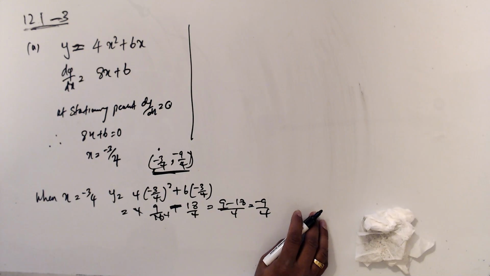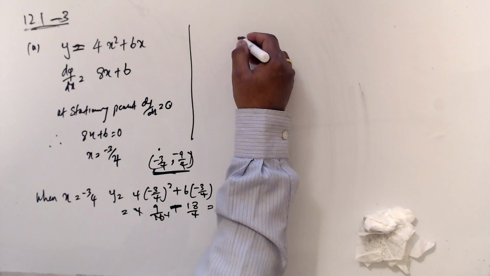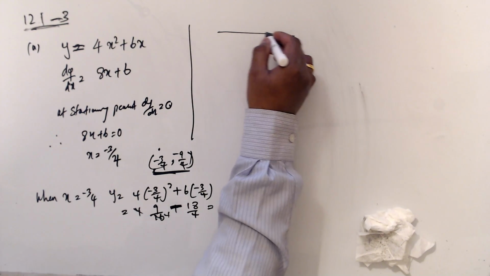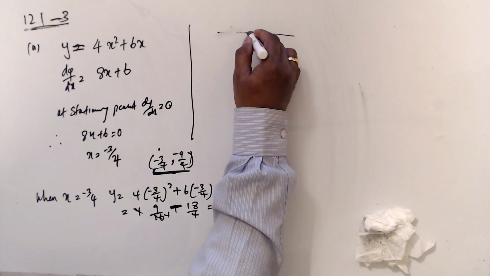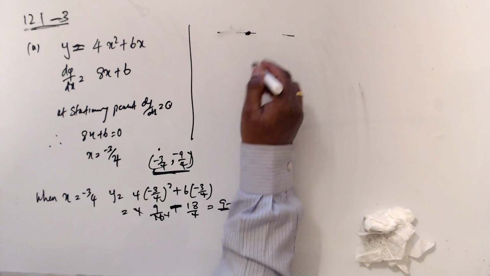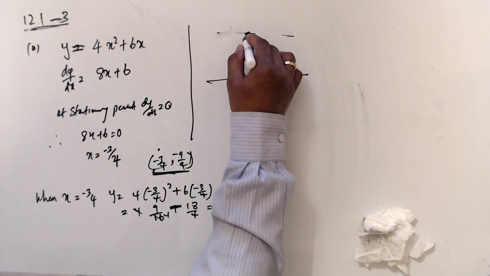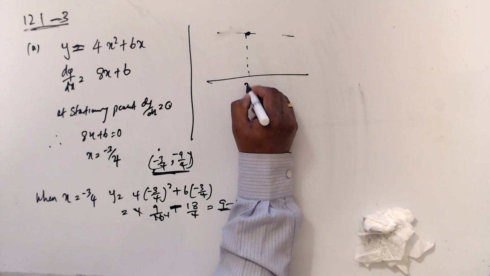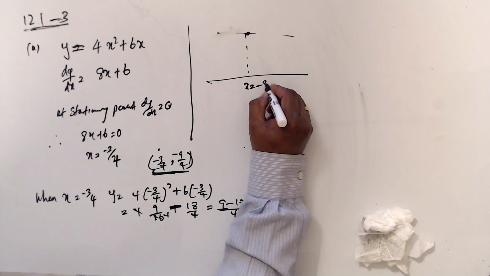So assume that this point is somewhere here, this is the point, or it can be down, so I'll assume it is here. This x value is minus 3 over 4.